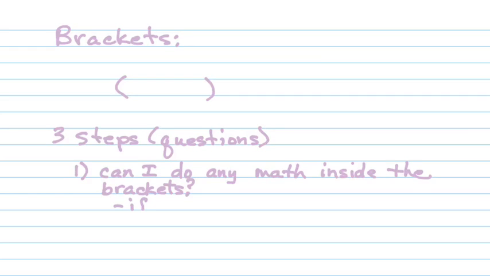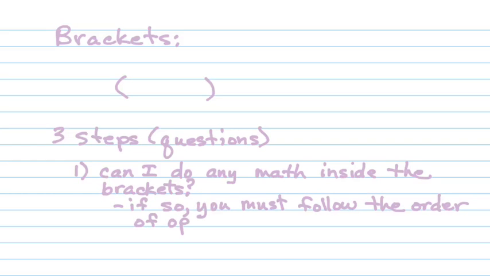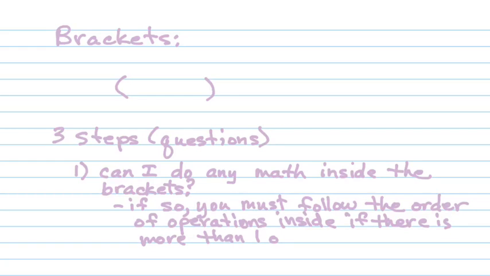So, if so, you must follow the order of operations inside if there is more than one operation. I'm just going to call it OOO because it's really long to write. Perfect. Fine with me. Okay? Follow the order of operations inside if there's more than one operation.